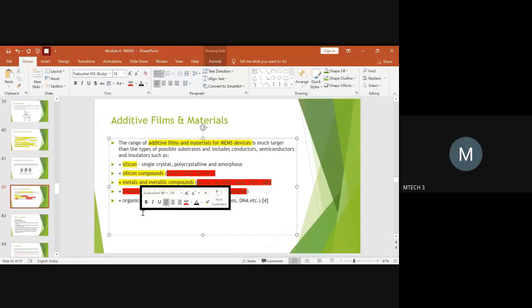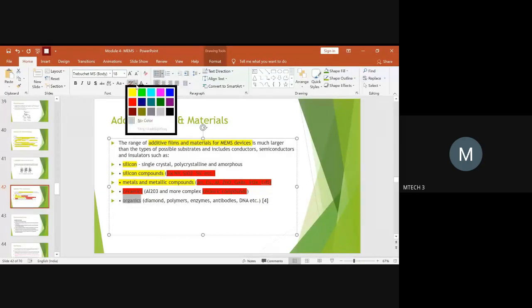Accordingly, you have to select the additive films. Suppose you are depositing organics on the substrate, an adhesive layer usually used for any type of organic deposition is either diamond, polymers, enzymes, or any other antibodies or DNAs for biological applications.